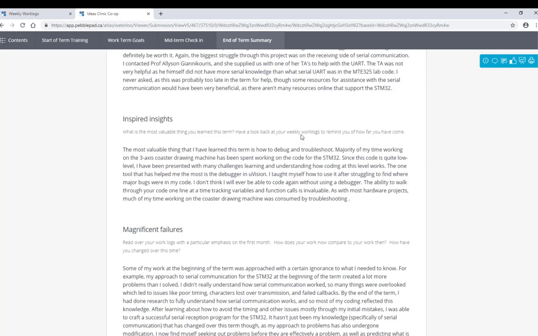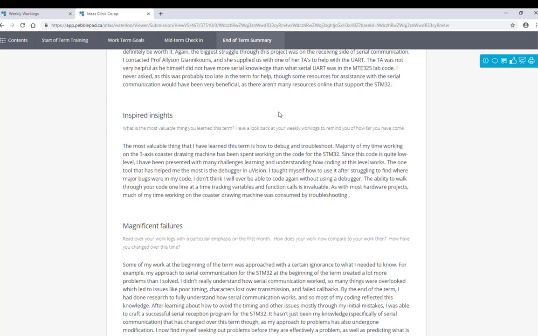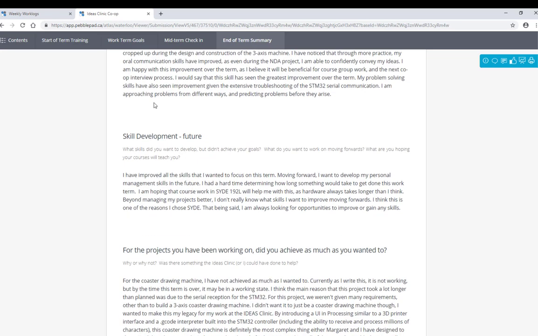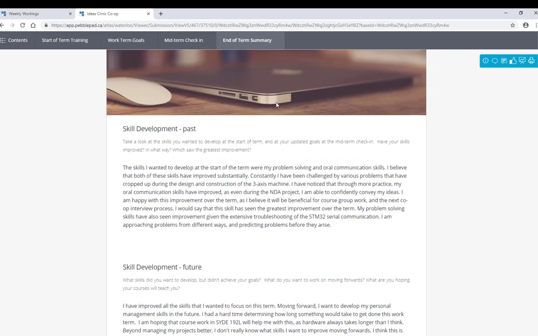And I think in past terms, students have struggled to remember what they did four months prior. So that combination of the work logs and this looking back at six weeks of the work term at a time really helped them remember all the things that they had done, and made that end of term evaluation a much smoother process for both them and for me.